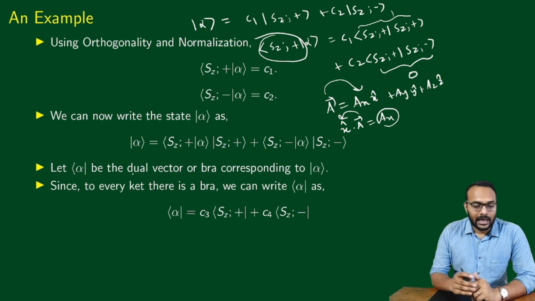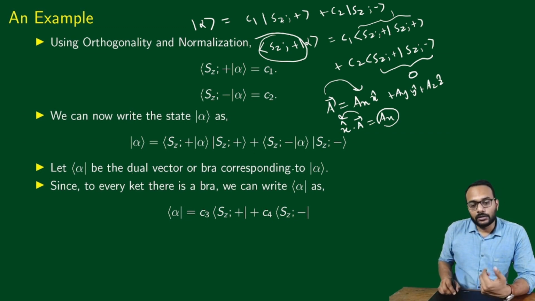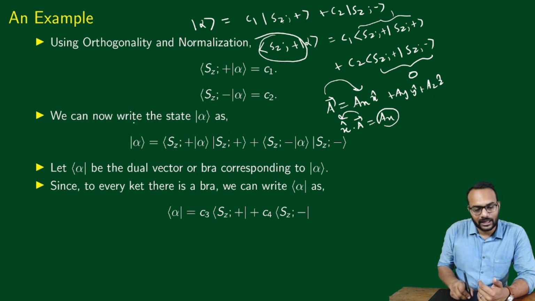Now let bra alpha be the dual vector, or bra, corresponding to ket alpha. We said that there's a dual correspondence, since to every ket there is a bra. What have we done here?